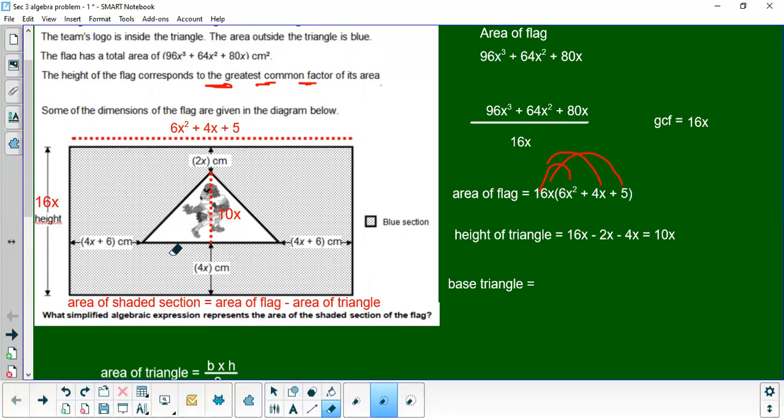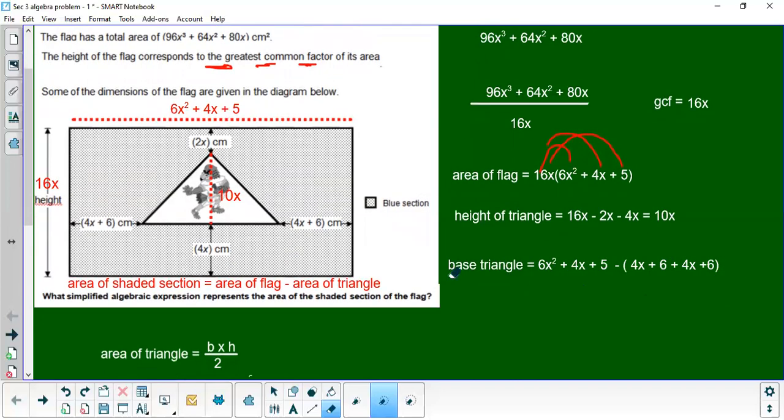And how do I find the base of the triangle? Well, I know these two expressions, so I have to subtract from the whole length this one and that one. I have two of them, so the whole length minus, in brackets, make sure you put the brackets here, and that'll give me the base of the triangle.